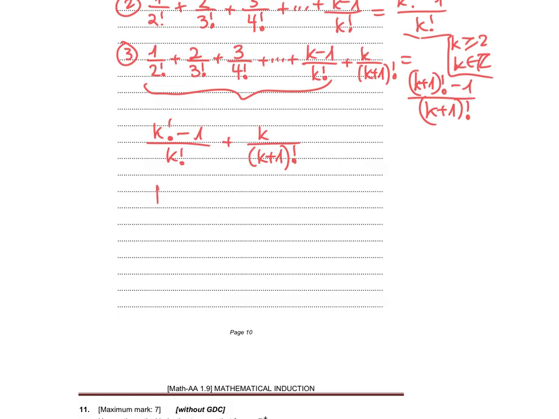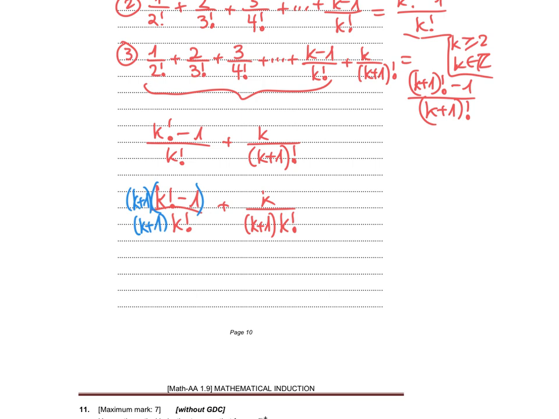If we write k plus 1 times k factorial, we just need to multiply this by k plus 1, top and bottom.